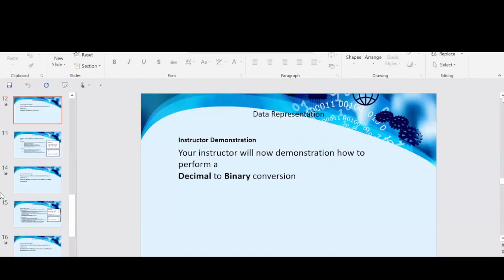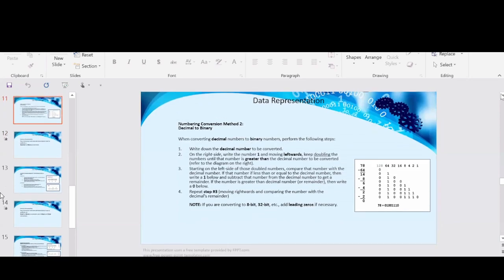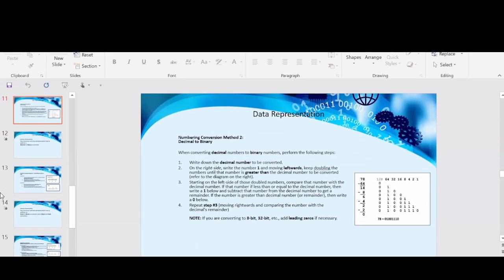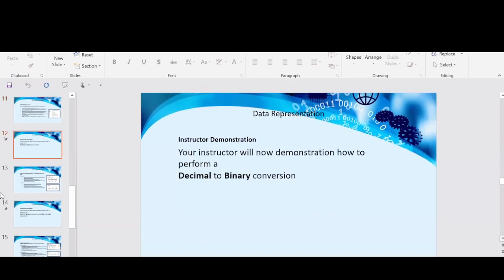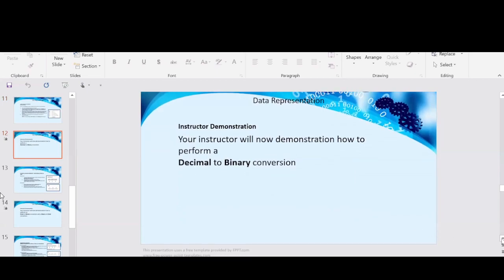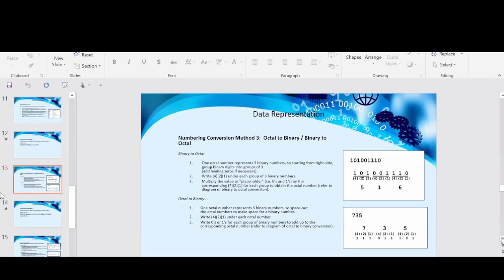So remember we worked with some examples as well. How to convert from decimal to binary and binary to decimal, decimal to octal, binary to octal, octal to binary, correct?